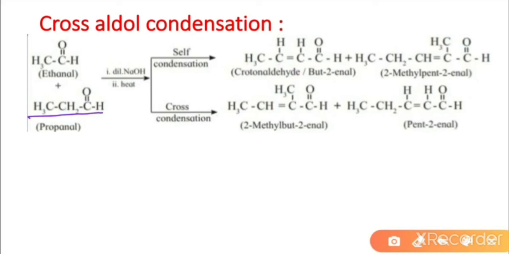If this propanal is self-condensed, H3C, CH2, CHO.